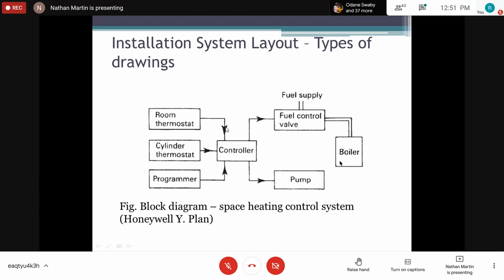So it takes in the signal from the room thermostat, from the cylinder thermostat, from the programmer, and it's used to control the pump, and it shows you the flow out through the fuel control valve onto the boiler and so on. So it shows you the flow of the interconnection between the components.